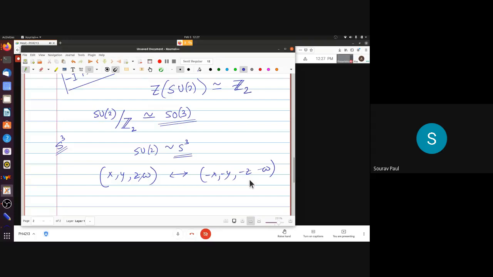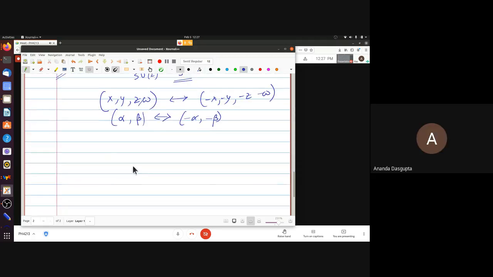Yes, because identifying the antipodal points essentially means that in terms of the alpha beta complex numbers, alpha beta is being identified with minus alpha minus beta. And that's perfect. That's exactly what you do, because there are 2 elements in your center.